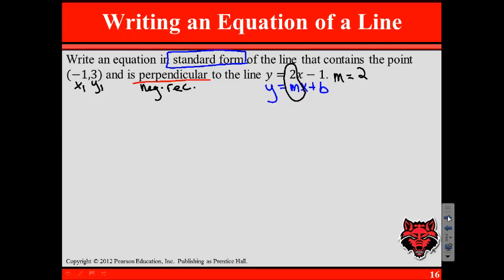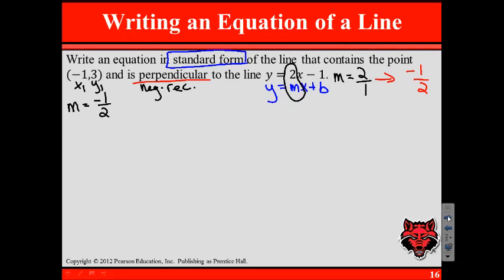But remember, because we are using the perpendicular slope, we must find its negative reciprocal. So first let's write 2 as a fraction. So it would be 2 over 1. To find the negative reciprocal, we flip. So it's 1 over 2, and we change the sign. The original slope was 2. The perpendicular slope that we are going to use is negative 1 over 2.